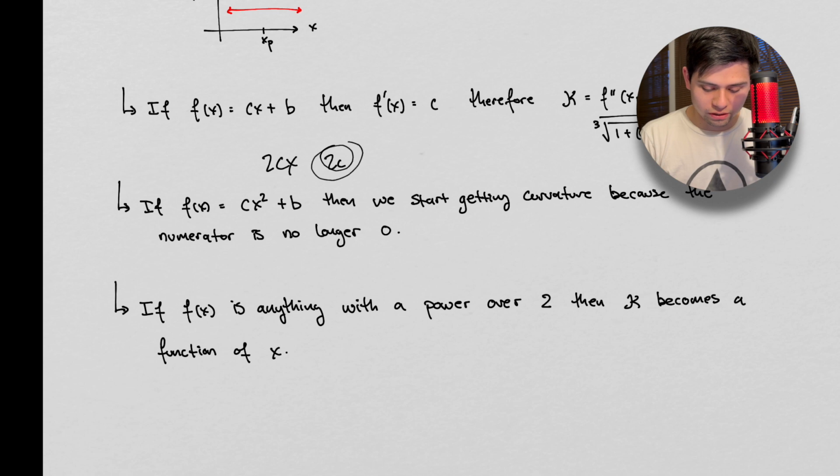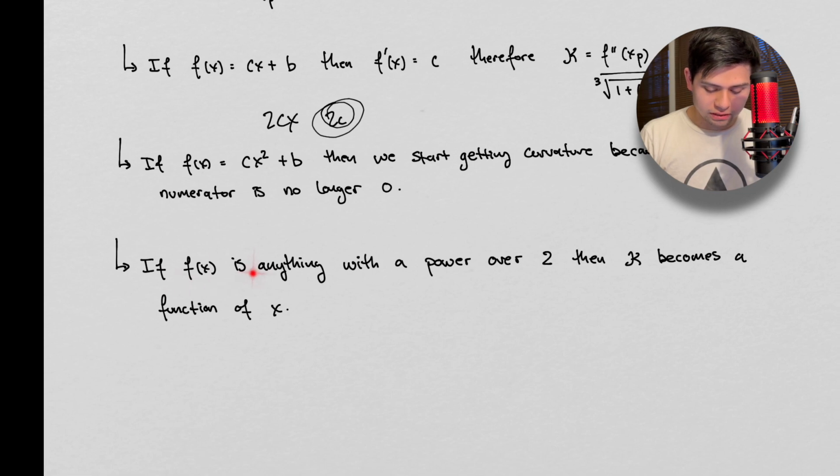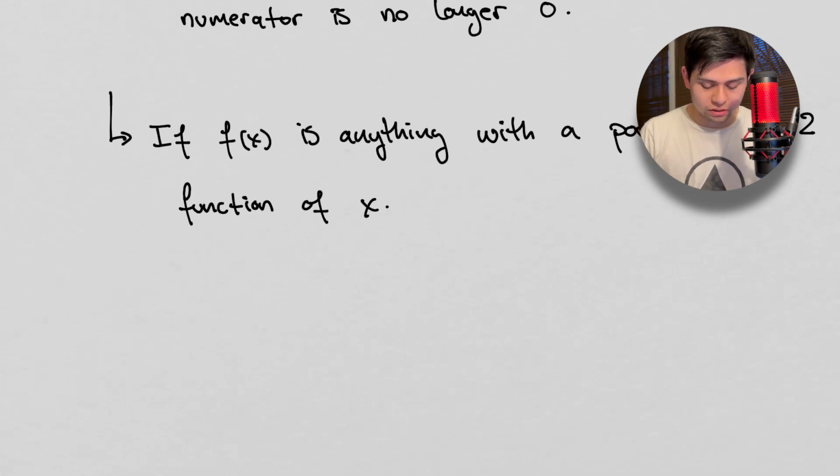So this is that numerator. Okay, so we actually start getting non-zero values for our curvature when we have any polynomial with degree 2. If f of x is anything with a power over 2, this is exactly what I said, then k becomes a function of x, that parameterization.